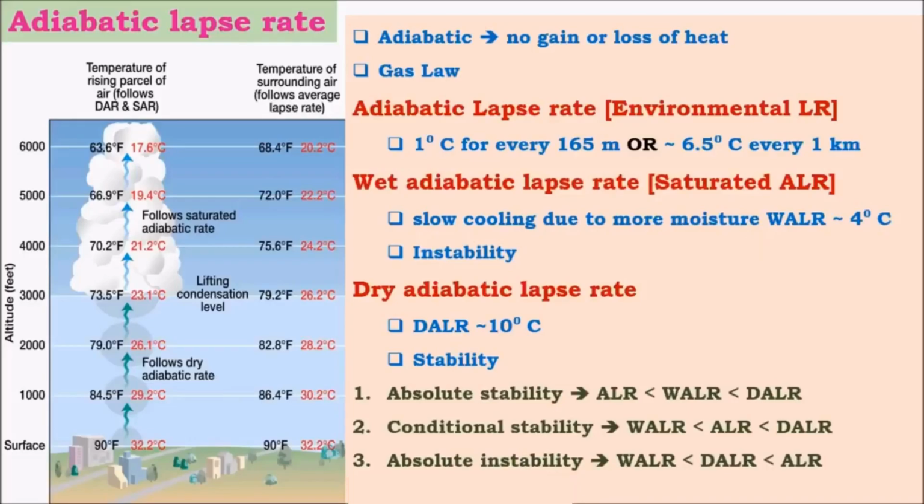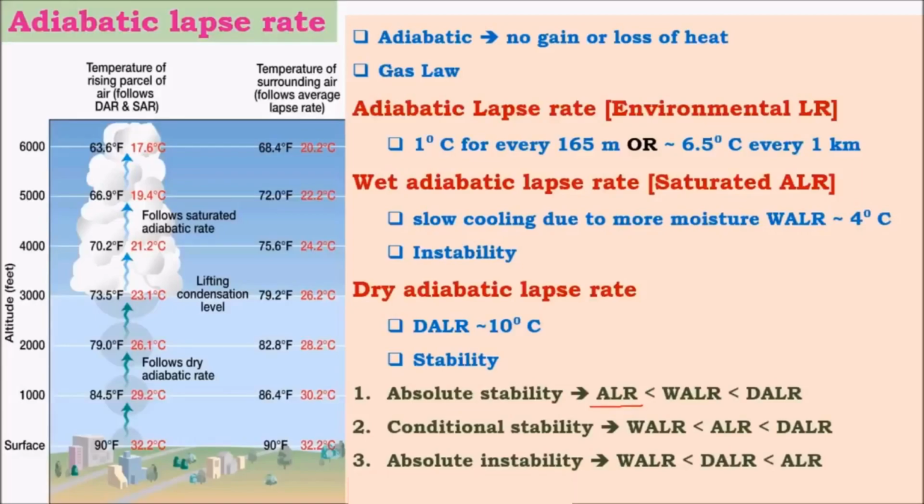So if you look at these small equations, we have the adiabatic lapse rate, which is the normal state, and then we have the wet adiabatic lapse rate, and then the dry adiabatic lapse rate. So in absolute stability, the adiabatic lapse rate is much smaller than both WALR and DALR. So this simply signifies that the amount of moisture content in the air is much lower.